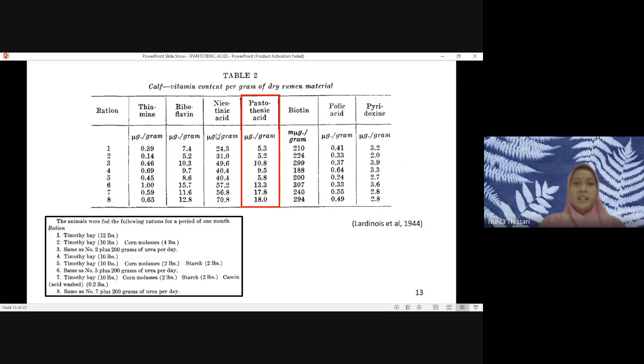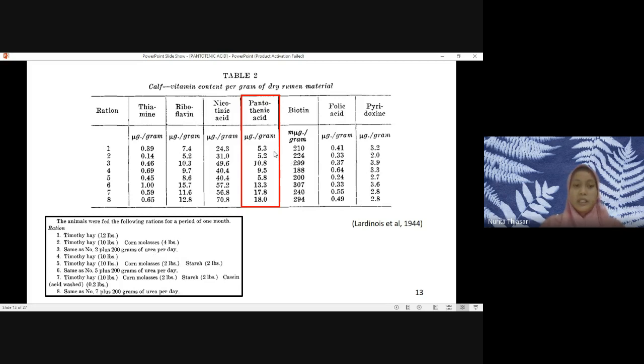The next table is from another author who would like to know what kind of nutrient will affect the synthesis of pantothenic acid. Here the treatment is the forage, they use Timothy hay, and the readily available carbohydrate, they use corn molasses or also starch, and then they add urea.